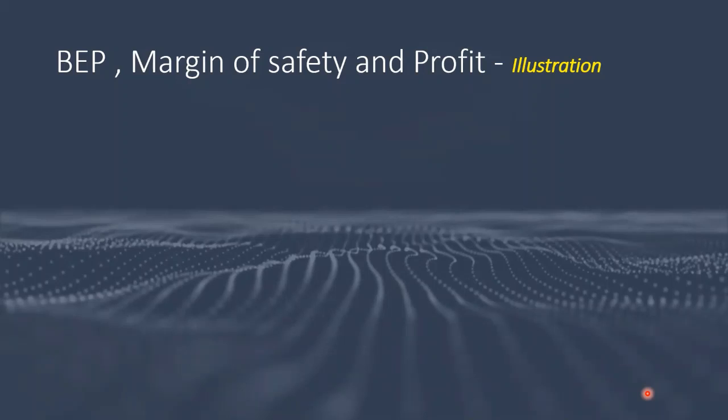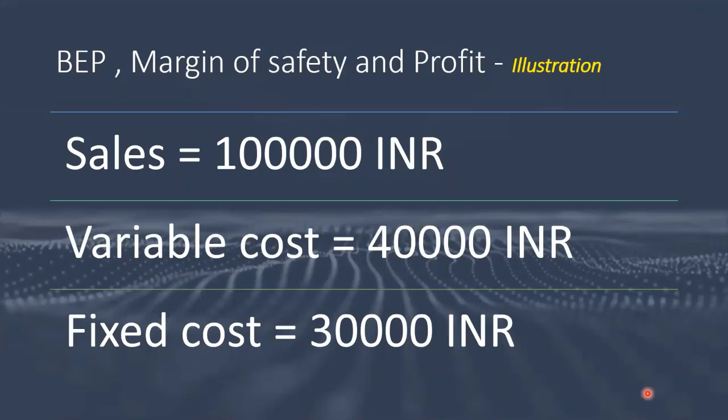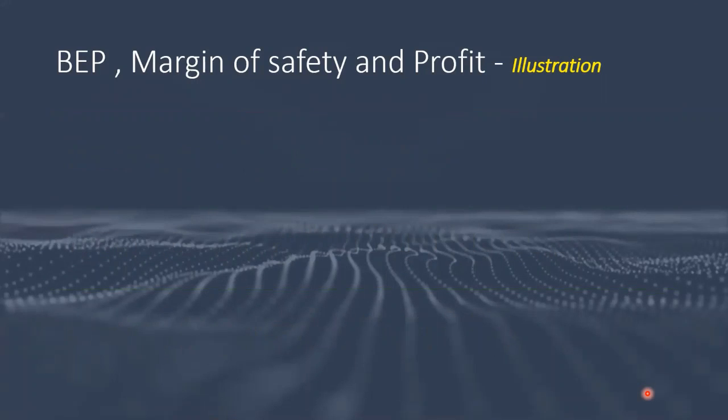That portion of sales beyond break-even point means we have recovered all our expenses, variable, fixed, and everything. Every further revenue from there, minus the variable cost, every further contribution from there is a direct profit for me. In a realistic scenario, that portion of sales is called margin of safety.